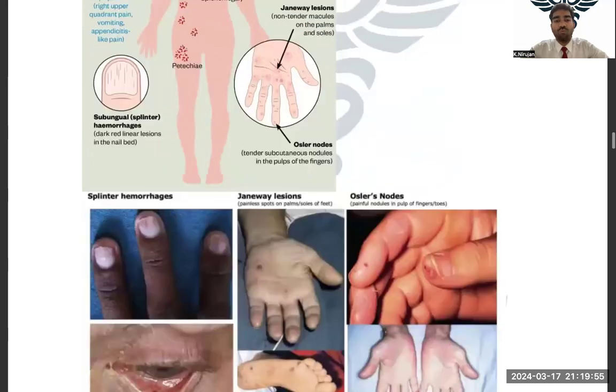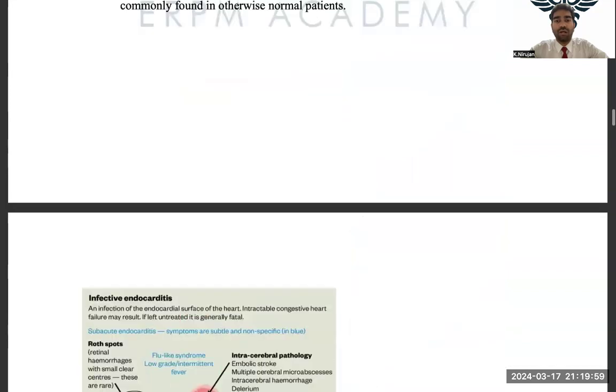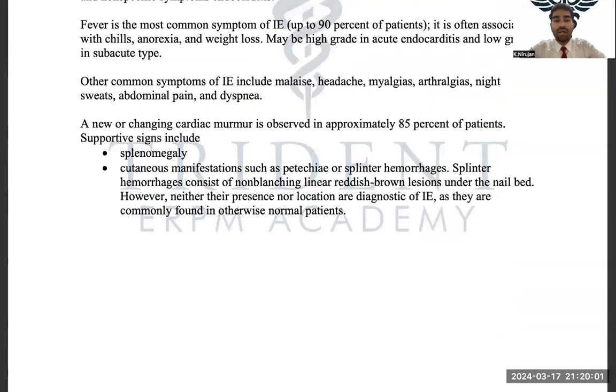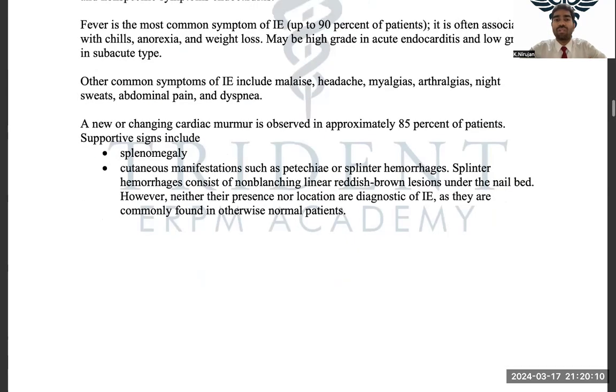So they are immune manifestations. There are these embolic phenomena, petechial hemorrhages, Roth spots, mainly due to septic emboli, but certain immune manifestations are there due to infective endocarditis.